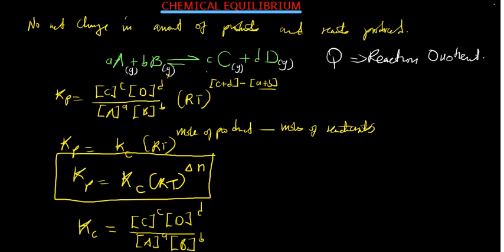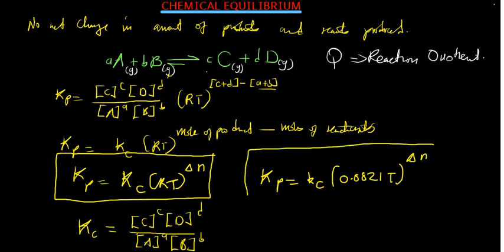Of course, we can as well just substitute the universal gas constant. That is a constant. So we can say Kp is equal to Kc, where there is a universal gas constant, we put 0.0821, and then there is T, raised to the power delta N. So this is going to give us the relationship between Kp and Kc.